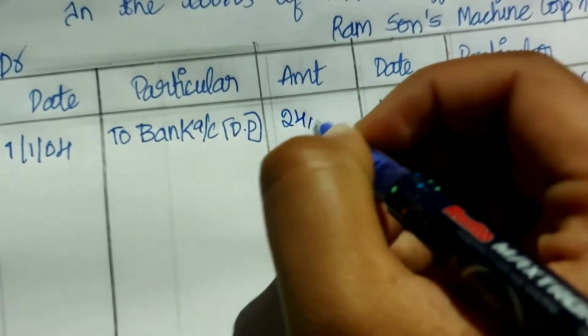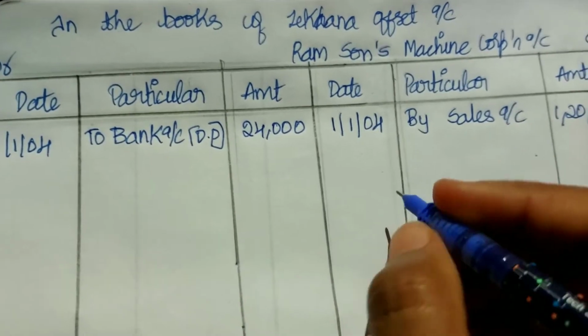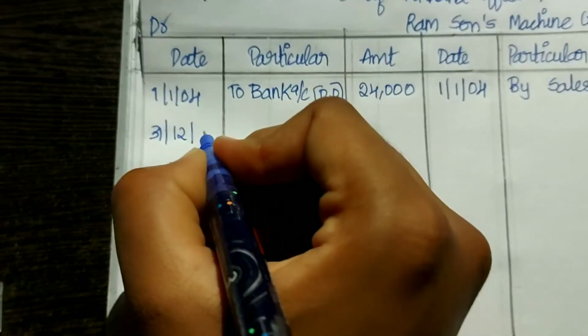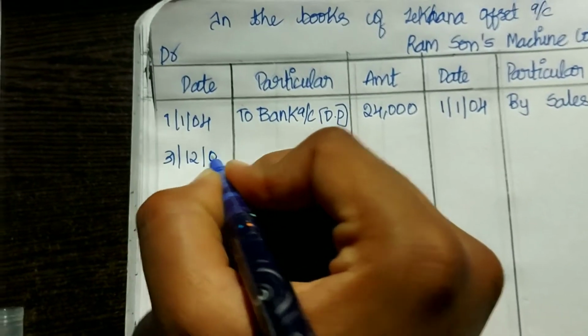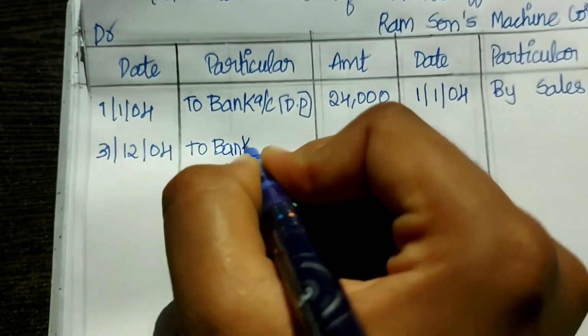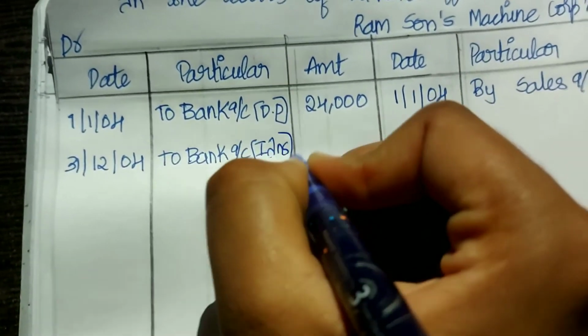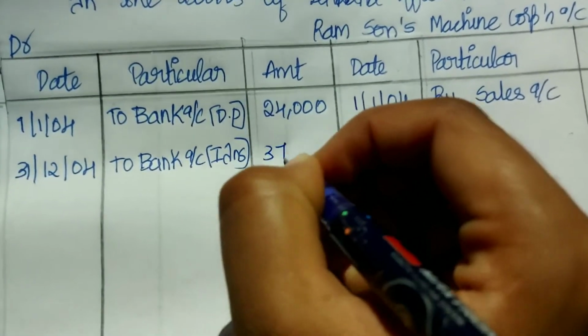So 24,000 you paid as the down payment. Now next we'll go for the first installment. You paid the first, so I'm writing the date 31/12/2004, to bank account, as you paid it. The first installment you paid is 37,600.